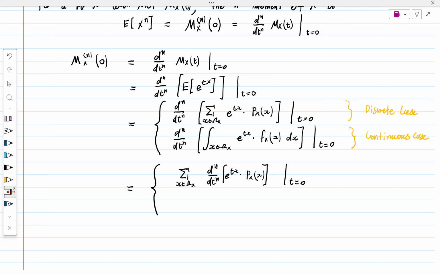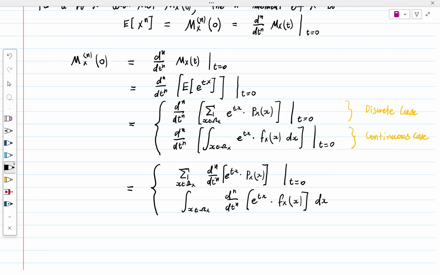So by the same sort of reasoning, when you take a derivative of an integral, we can actually say that is the equivalent of taking the integral of the derivative, d/dt of e to the tx times f_X of x dx.